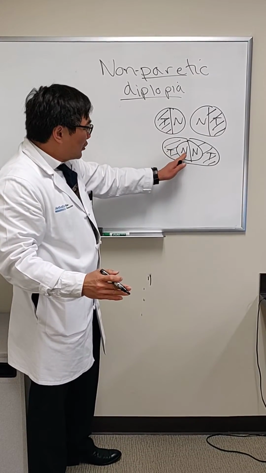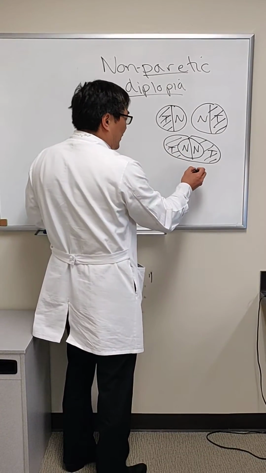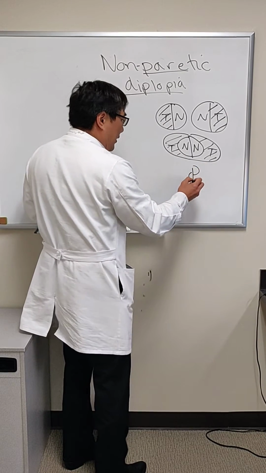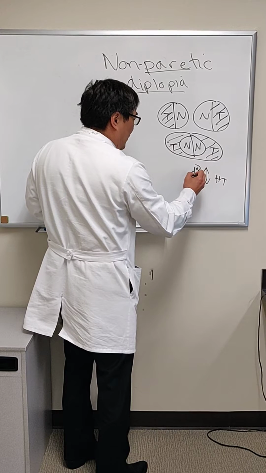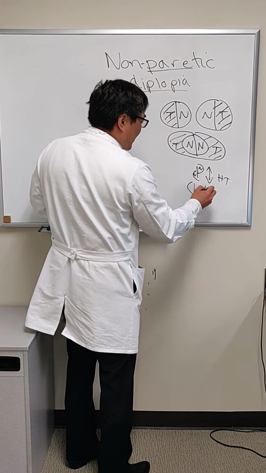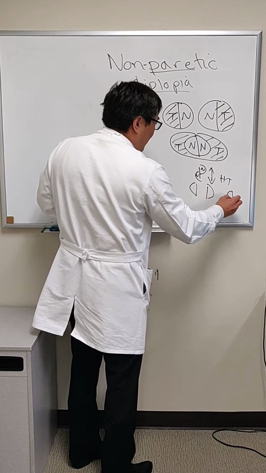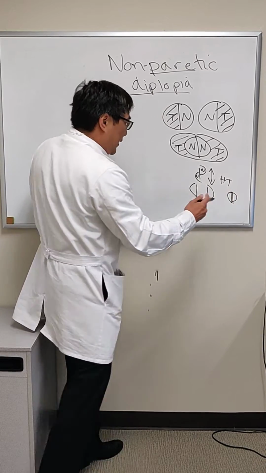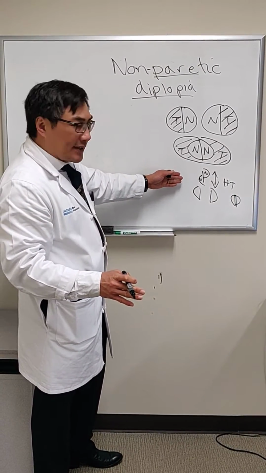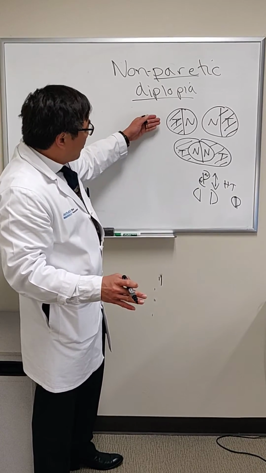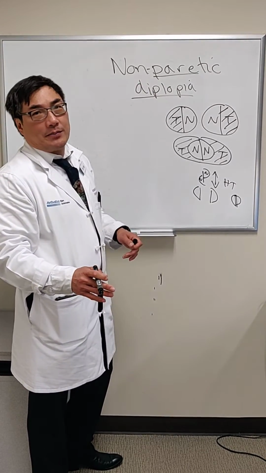And so when you have these juxtaposed nasal fields, they can slide on one another and cause a hypertropia. So the nasal fields can slide, or they can separate or overlap if you have an esotropia or an exotropia. So patients with a pre-existing phoria can break their fusion if they have a non-paretic diplopia.